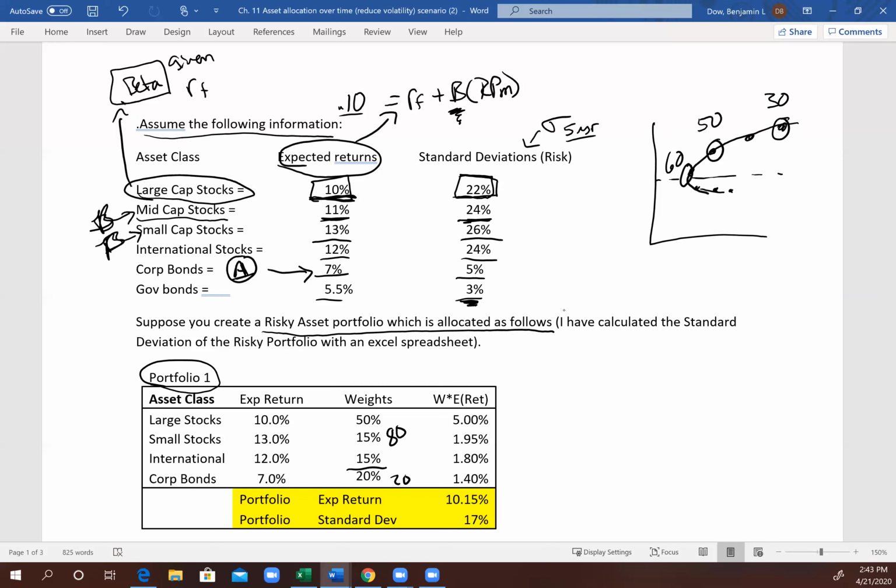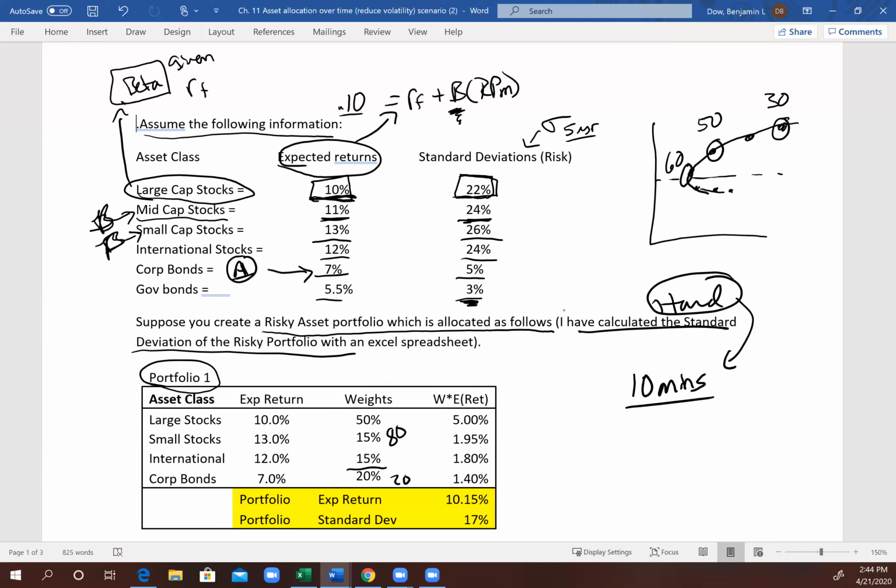The expected return should be easy to calculate. The standard deviation is hard to calculate. Okay. You have to go in and use historical data, run an Excel spreadsheet, okay, figure out the portfolio, and then calculate the standard deviation. But I mean hard, after you've done it a couple times, it may take 10 minutes. Okay. So it's not extremely difficult.